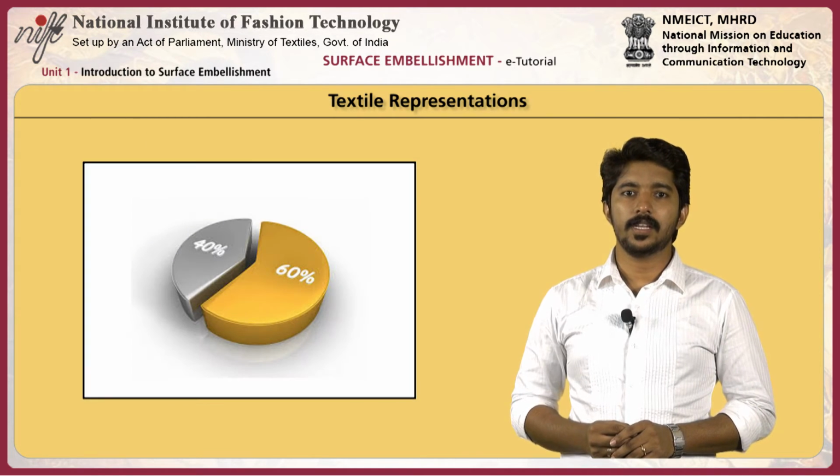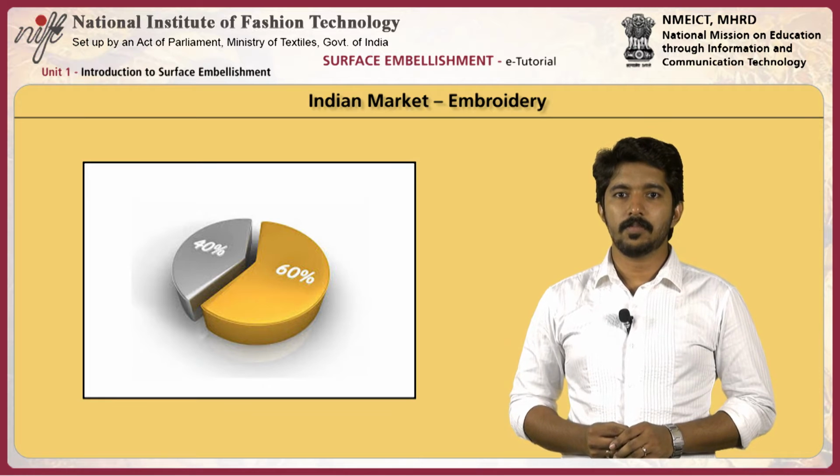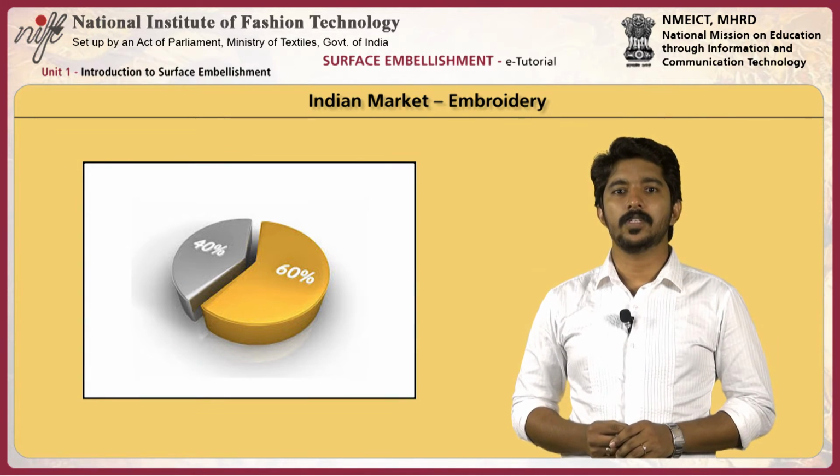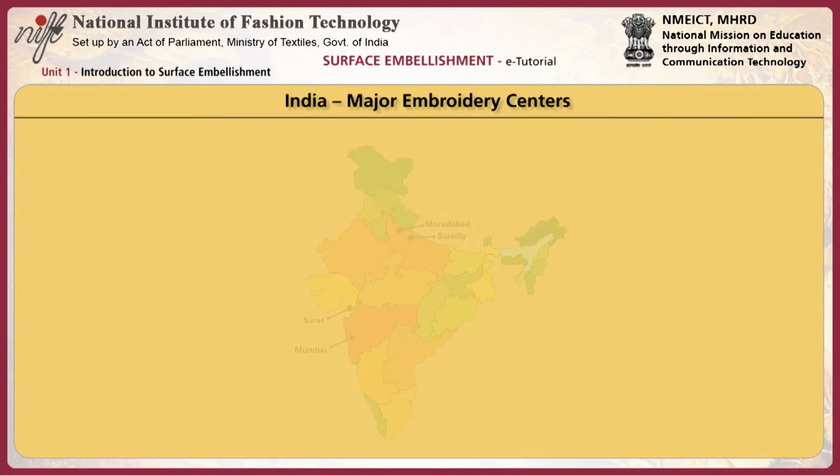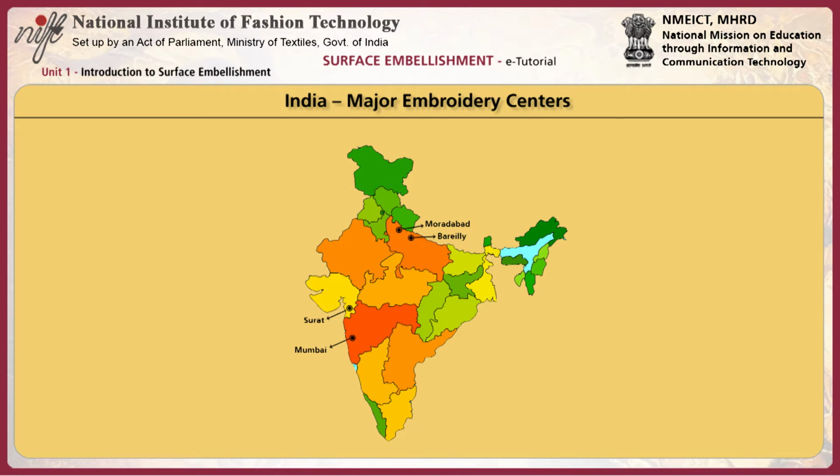Embroidery till a decade ago was largely in the unorganized sector. 60% of the market is governed by the organized sector. Surat and Mumbai are the major embroidery centers in the country. Bareilly and Moradabad are known for beadwork.